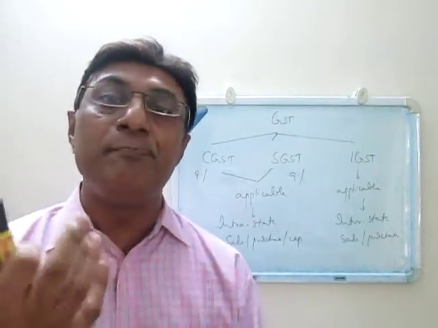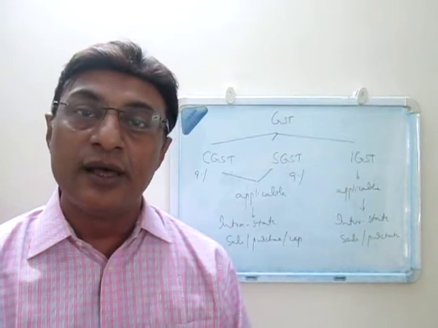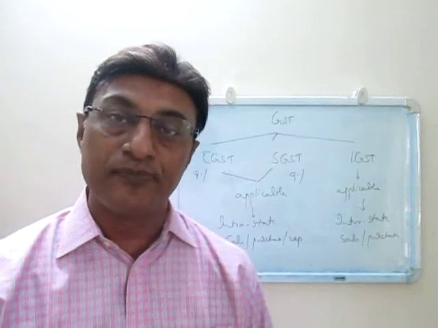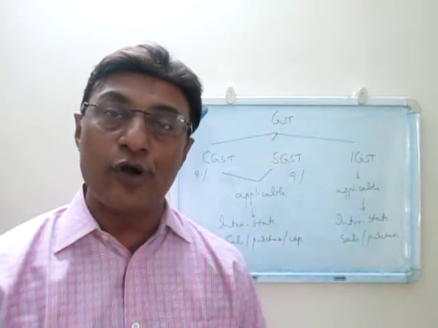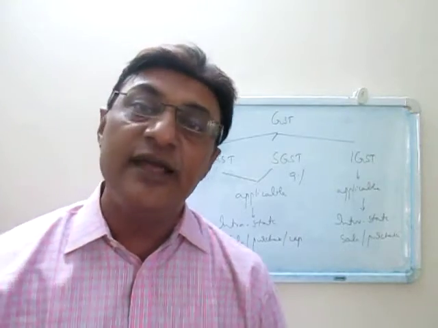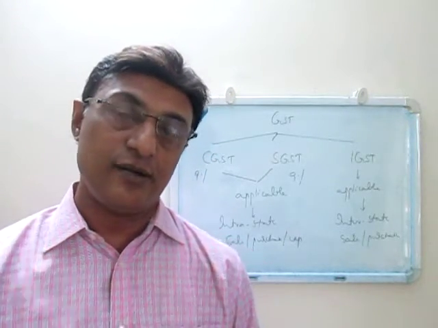And remember, if it's a manufacturer, today's purchase is tomorrow's output. Today's purchase of input or raw material is for processing or manufacturing, resulting in a sale of finished goods.